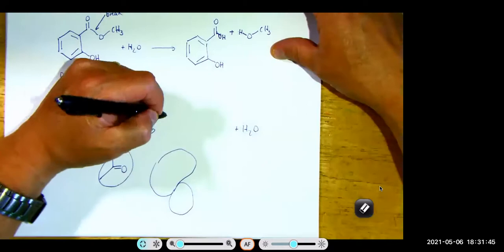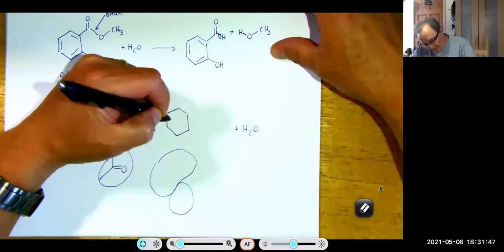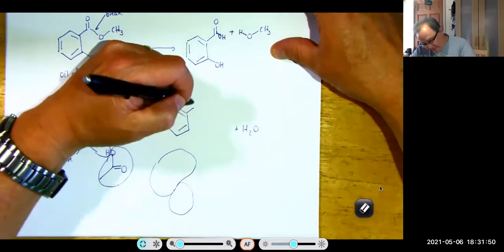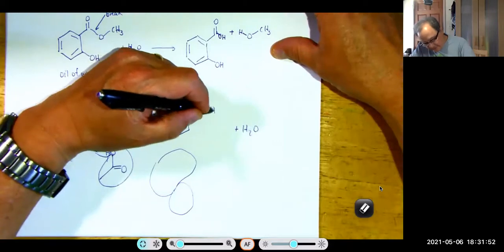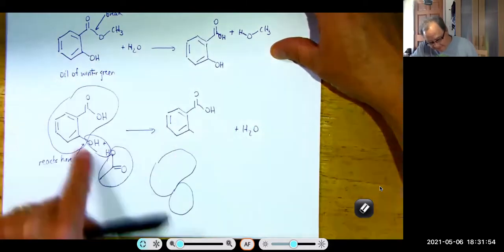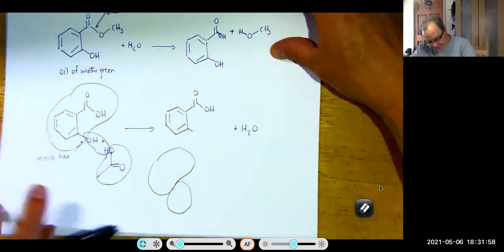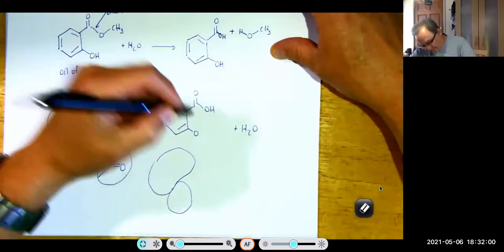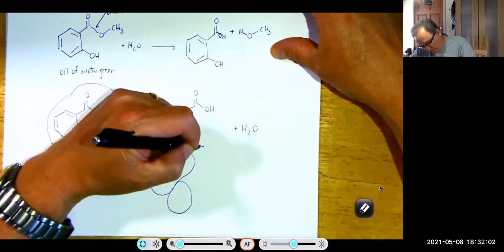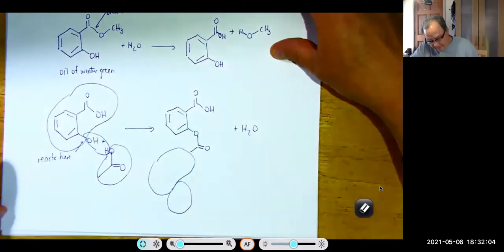So here's the lima bean thing. That's the lima bean thing, right? So what do I put down here? This. Does that look like an ester?